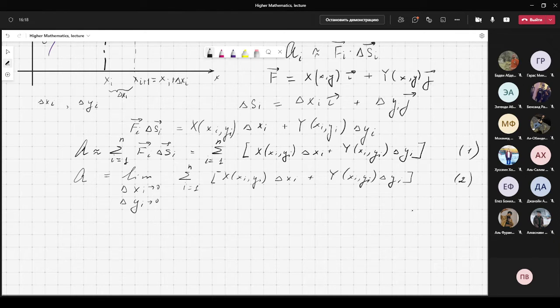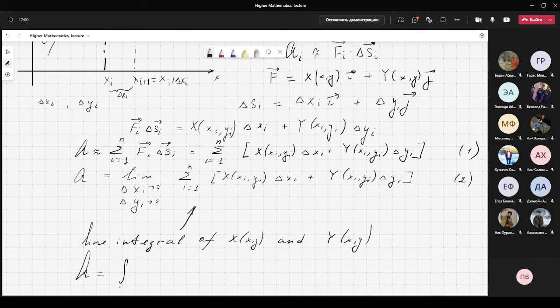The limit on the right is called the line integral of X of x y and Y of x y over the curve L and is denoted by A equals the line integral over L of X of x y dx plus Y of x y dy.